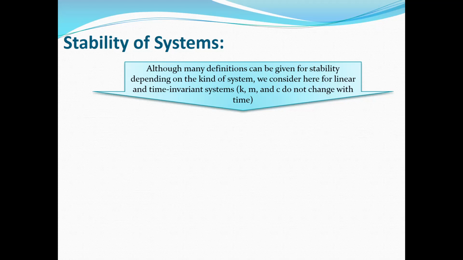In statics, when you deal with buckling phenomena, stability has a different definition. But here in dynamics or vibration, we have another definition for stability. The definitions may differ, but from a mathematical point of view, all of them are the same.